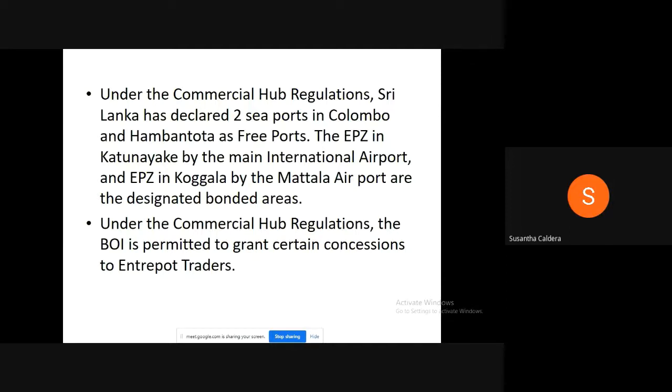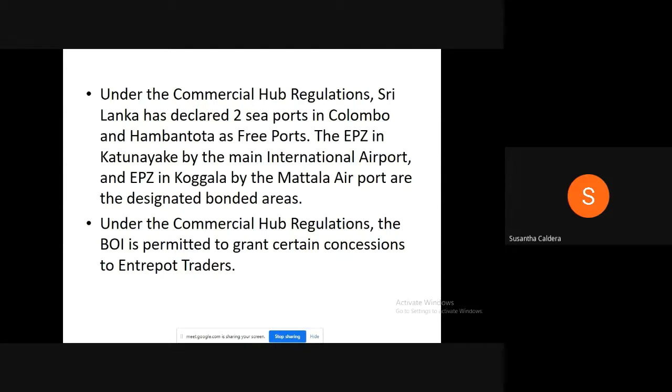The export processing zone in Katunayaka, by the main international airport, and the export processing zone in Koggala, by the Mattala airport, are also designated bonded areas.